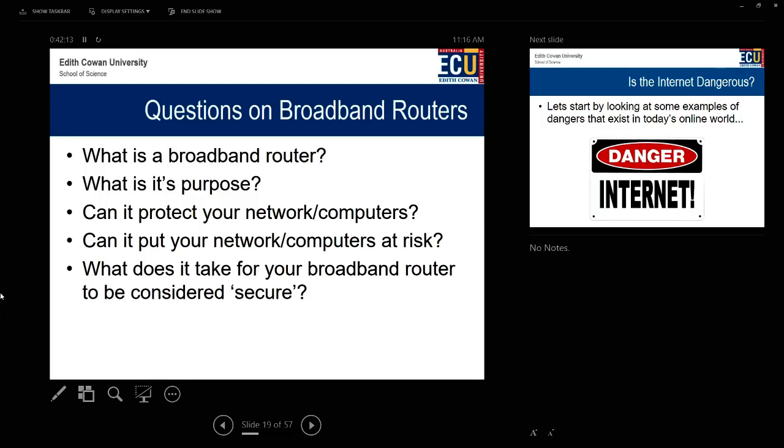Through a web browser, yes, because there's an IP address on every broadband router, and if you go into the browser, you just enter that IP address, and if you haven't changed your default passwords, you will find in your labs, just if you know the name of your broadband router, just do a Google search and try to find the default IP address and the default username and password for your broadband router.